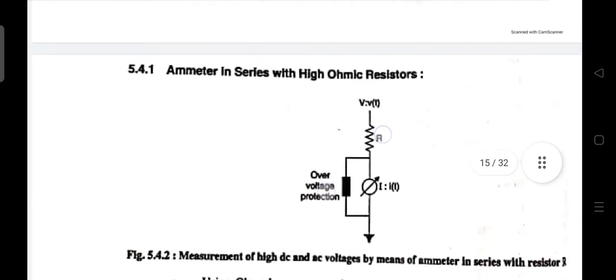If the voltage drop across the ammeter is neglected, then for DC voltage measurements, an average current indicating instrument such as a moving coil or equivalent electronic meter is used, which gives the arithmetic mean value of V, according to Ohm's law, V equal to IR. So with the help of an ammeter connected in series with a high value of R, we can measure high voltage.